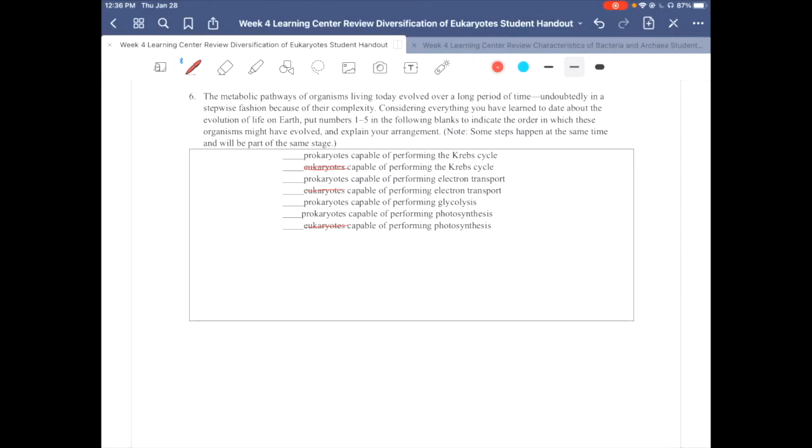The second half of the question is talking about what type of cellular respiration mechanisms they have. So it says can perform Krebs cycle, electron transport, photosynthesis, or glycolysis. So which one of these mechanisms can occur without oxygen?